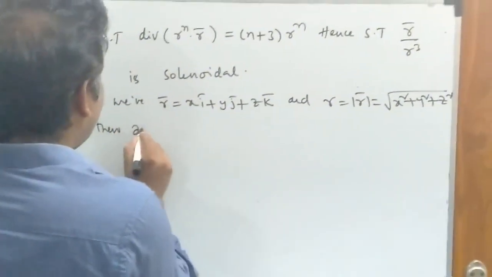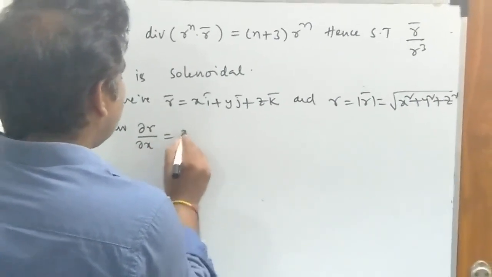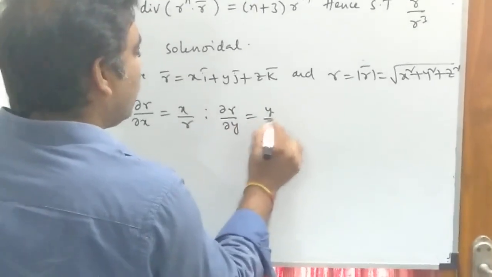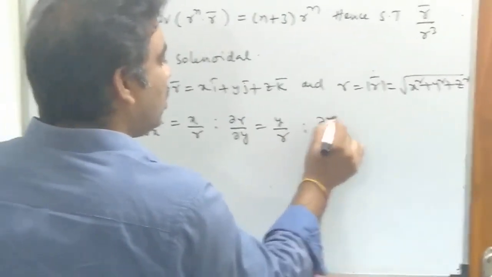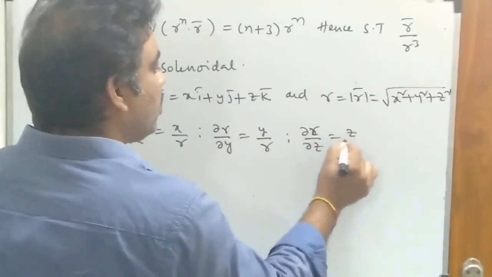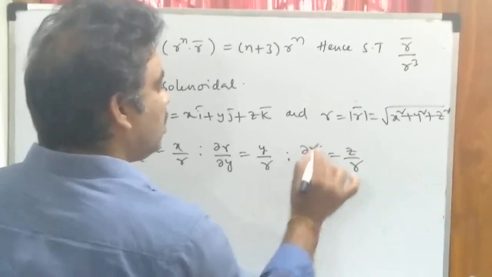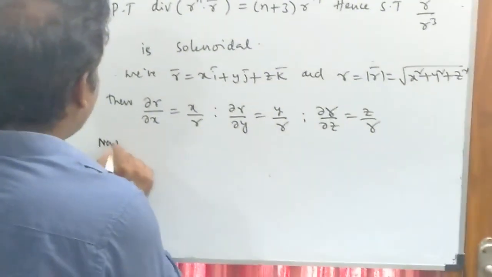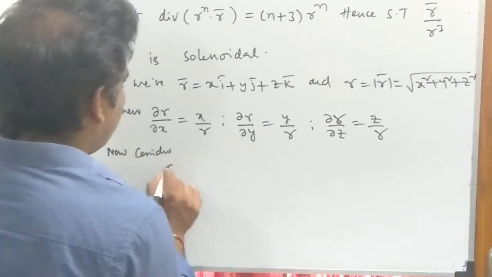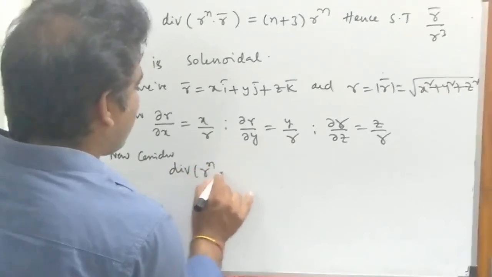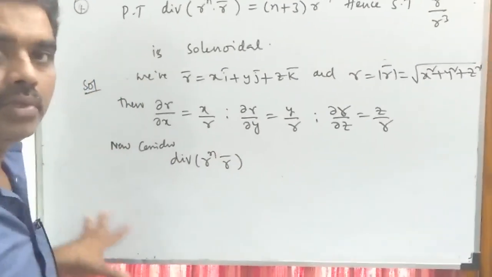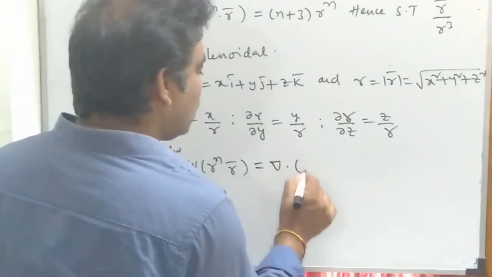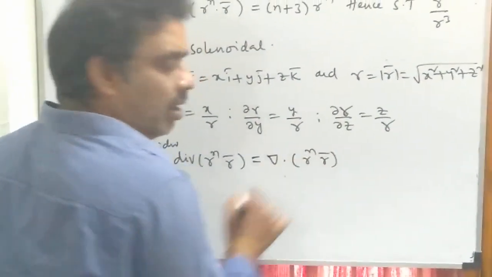Then ∂r/∂x is equal to x by r, ∂r/∂y is y by r, and ∂r/∂z is equal to z by r. Now consider the divergence of r power n into r bar, div of r power n r bar. This is del dot r power n r bar.